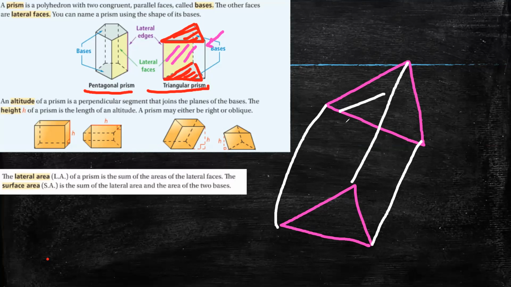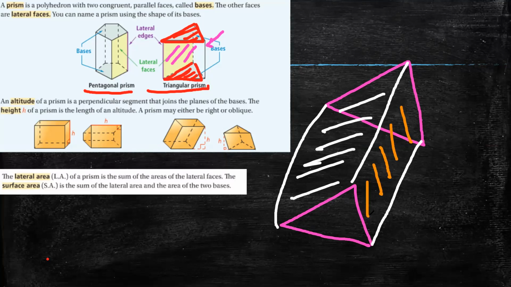Now look at this face here, and the other one here. These are lateral faces. They are not parallel to each other, so we cannot name them bases. They are lateral faces.